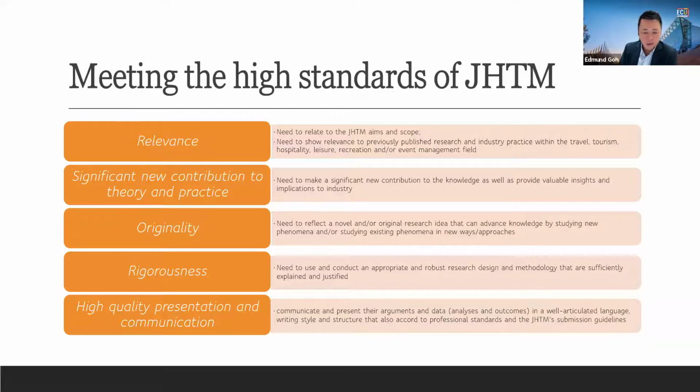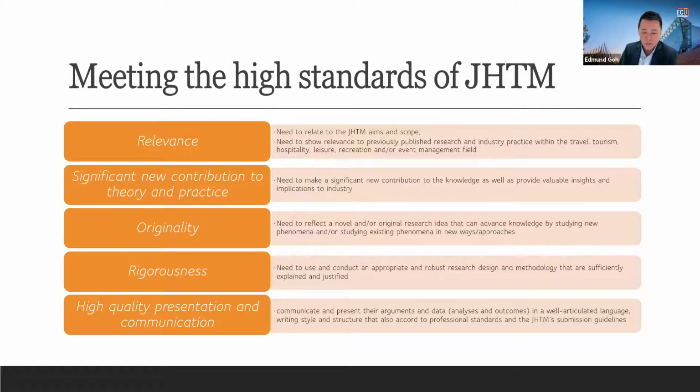Yep, a manuscript must make a significant new contribution to the body of knowledge, and of course, provide valuable insights and implications to industry. And number 3, very important, and this is what the previous session talked about, the chief editors of various top journals mentioned, is about having a good level of originality in your research.